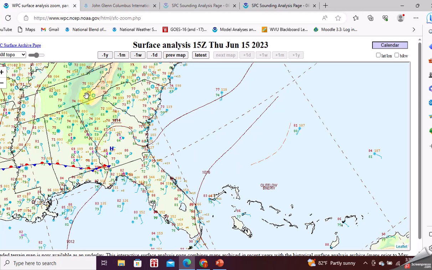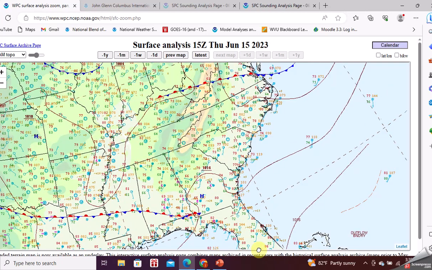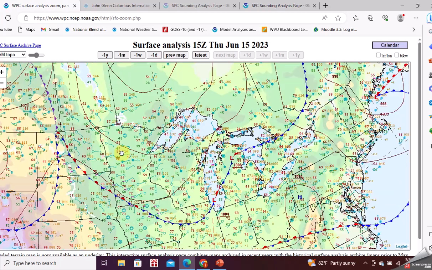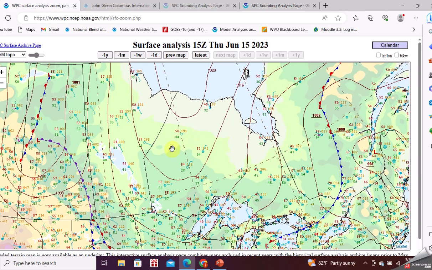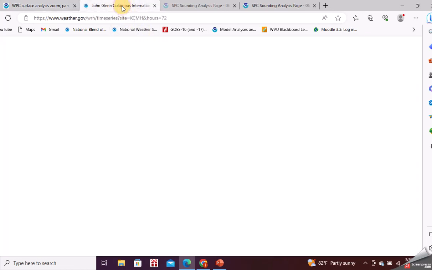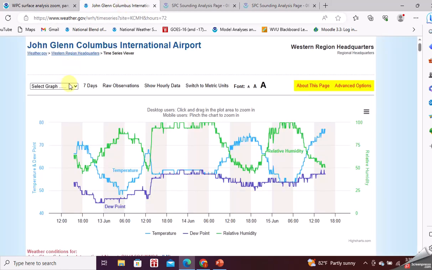Now, if I were to move further north, let's get up to Canada. Well, golly, there's a big high pressure up there as well. Temperatures are in the 50s. Not a lot of moisture around, very dry air. You can see where the air mass is up there. Just as an example of how temperature changes during the day, here is Columbus Airport.